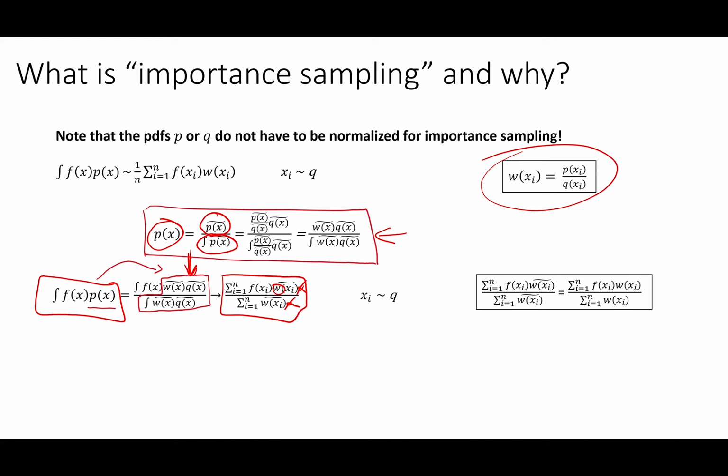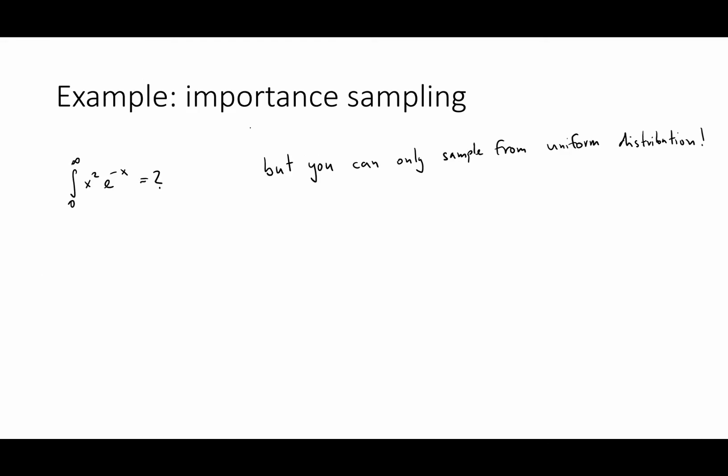Therefore I don't have to have w normalized, or the p and q as written here. I can draw samples from unnormalized distributions and it still works fine using this formula. That's cool.